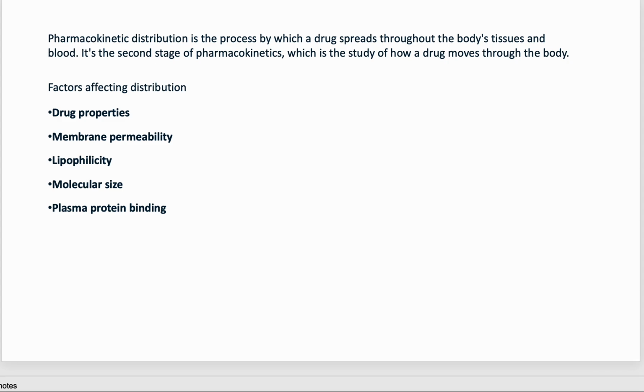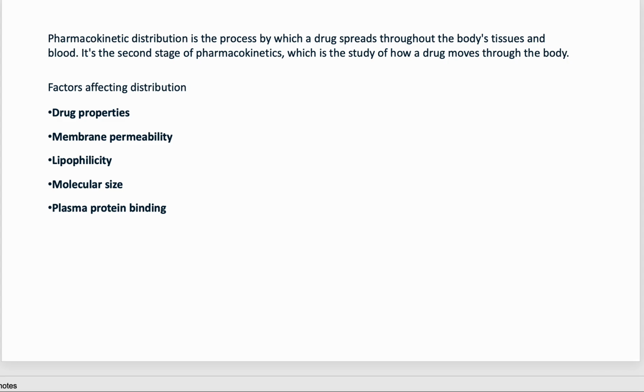Say if a few of the drugs are more membrane permeable, it's easier for them to travel and get distributed throughout the body. We are not talking about metabolism at this point. We'll talk more about it in upcoming slides, but at this point we are just concerned about distribution.